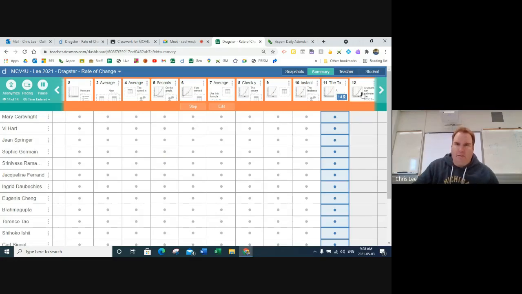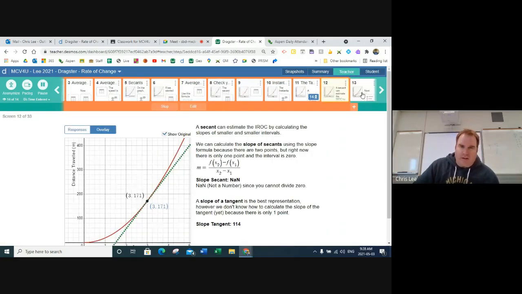So go back to Desmos. You can just listen to what we're doing here. So this sort of summarizes what I just said. A secant can estimate the IROC by calculating smaller and smaller slopes. We can calculate the slopes of secants, but right now there's only 1 point, which would mean we'd be dividing by 0.